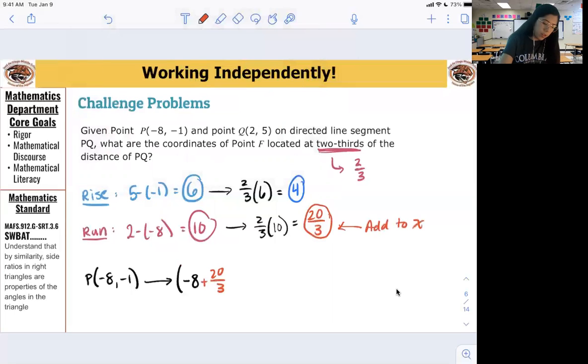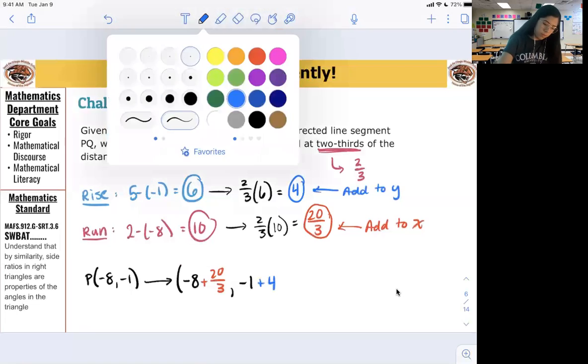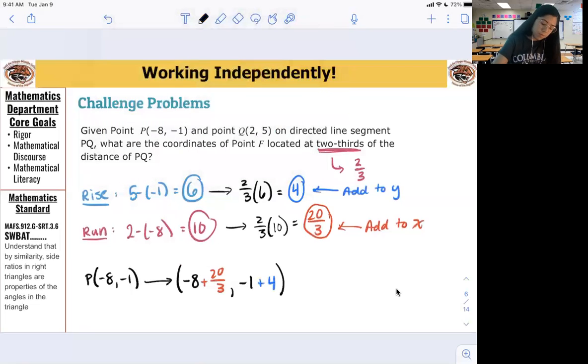And then the 4 gets added to the y. So then I'm going to do -1 plus 4 for the y, and -8 plus 20 over 3 for the x. But then we've got to simplify the 20 over 3.